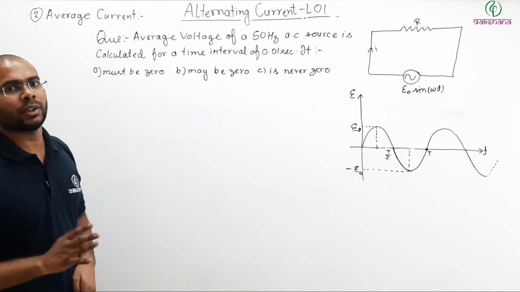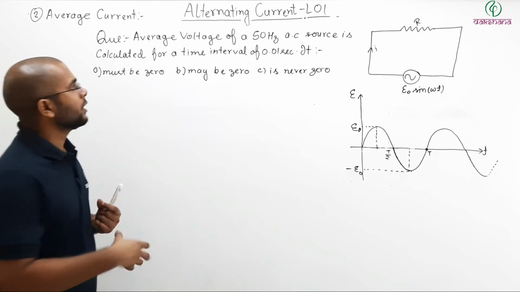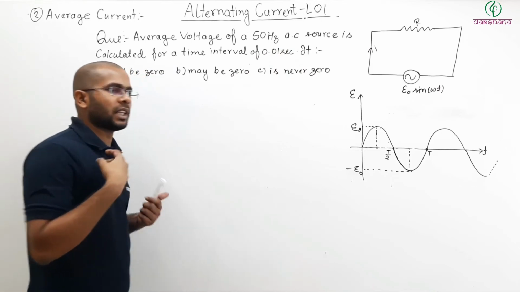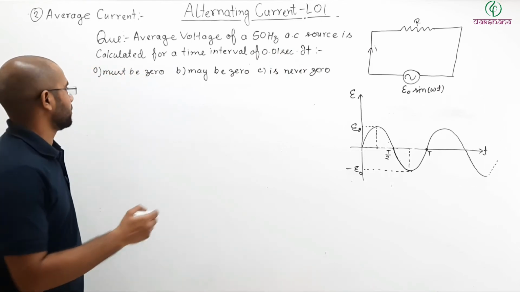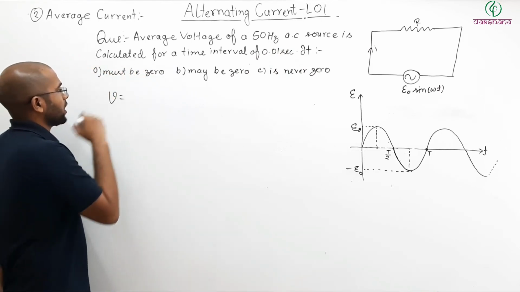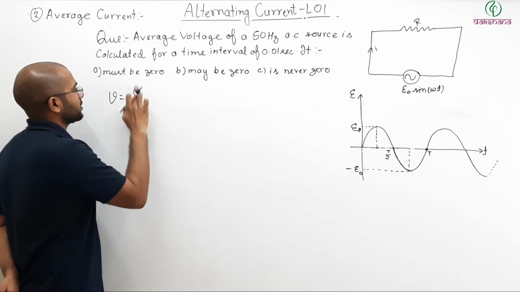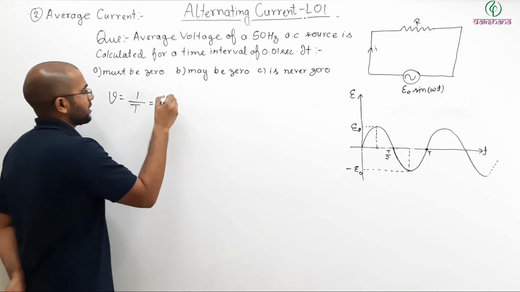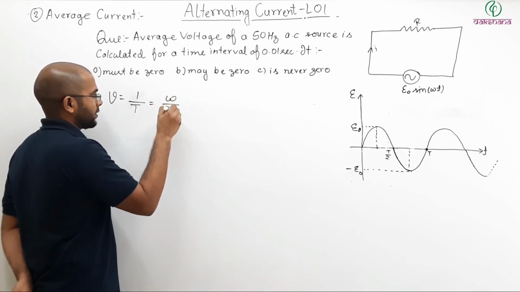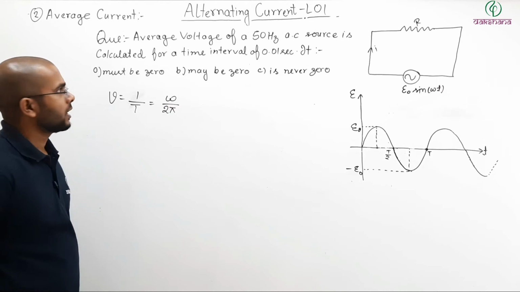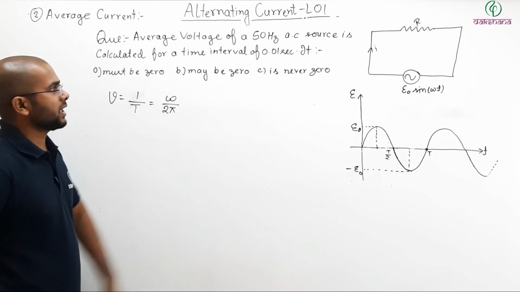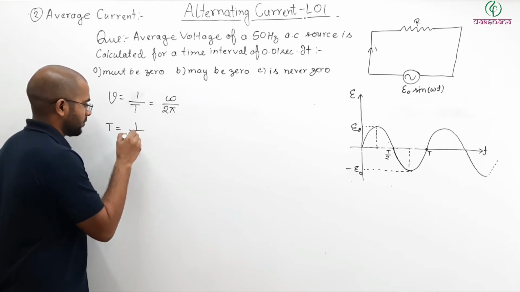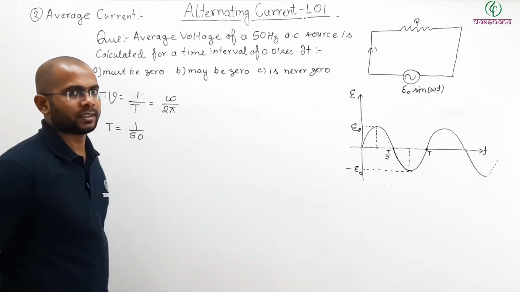So the first thing you need to do is find the relation of delta t. This is your delta t. What is the relation of delta t with capital T? Now, what is frequency? We have already studied that frequency is nothing but 1 by time period, that is nothing but omega divided by twice pi. So if frequency is 50 hertz, what is your time period? Time period is nothing but 1 by 50, that is 1 by frequency.